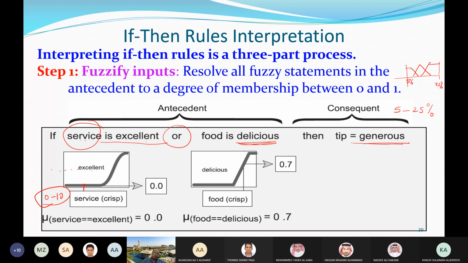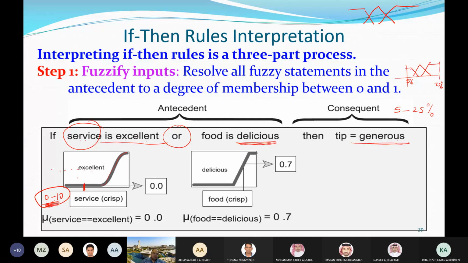So you can assume that we have, for example, three values: either poor, or good, or excellent. So this is the excellent membership. This is the value, or your evaluation, for the service.